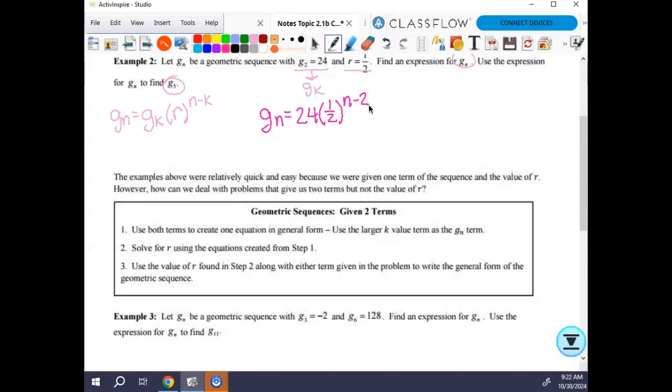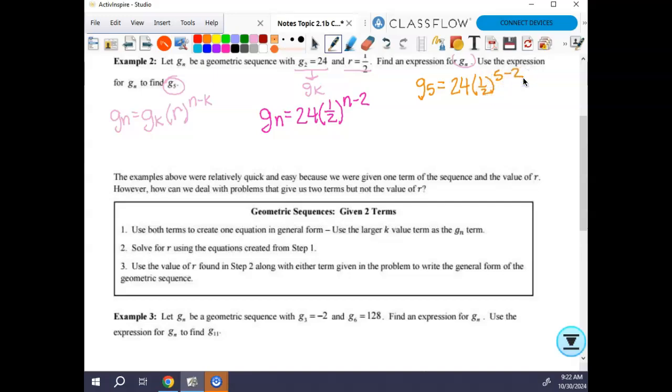Is that what y'all got? 24 times 1/2 to the n minus 2 power? Yes? All right. So then let's use that to find G5, the fifth term. 5 minus 2.